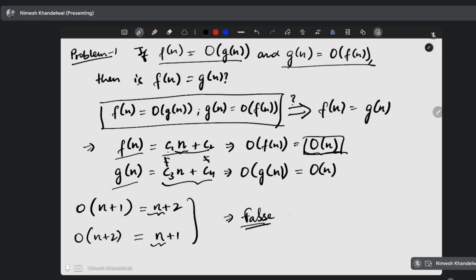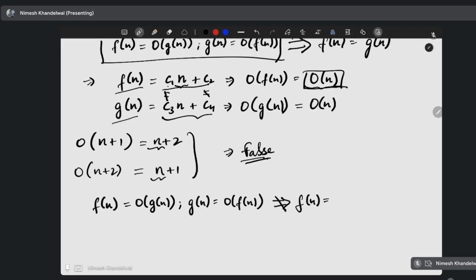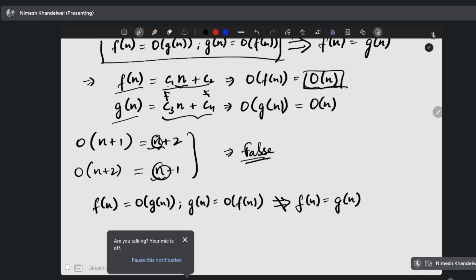So this is basically a false statement. If f of n is O of g of n, and g of n is O of f of n, this does not imply that they are the same functions, because complexities only depend on the order of n, not on the constants multiplied or added to n, given that the constants are very small compared to n, because it's an asymptotic analysis.